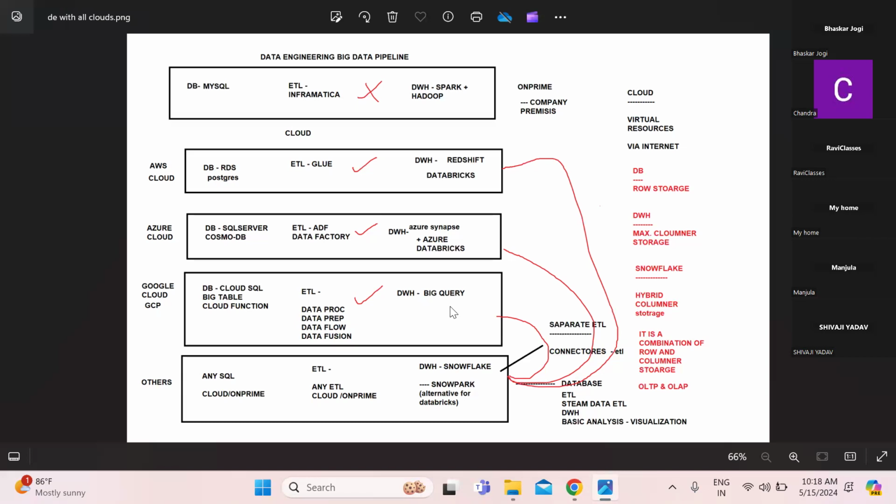Everything you can do on Snowflake, sir. Don't worry about it. But one more question: if Matillion is an ETL tool, we have other ETL tools also, like Talend and Informatica. Why are they specifically asking for Matillion, sir?